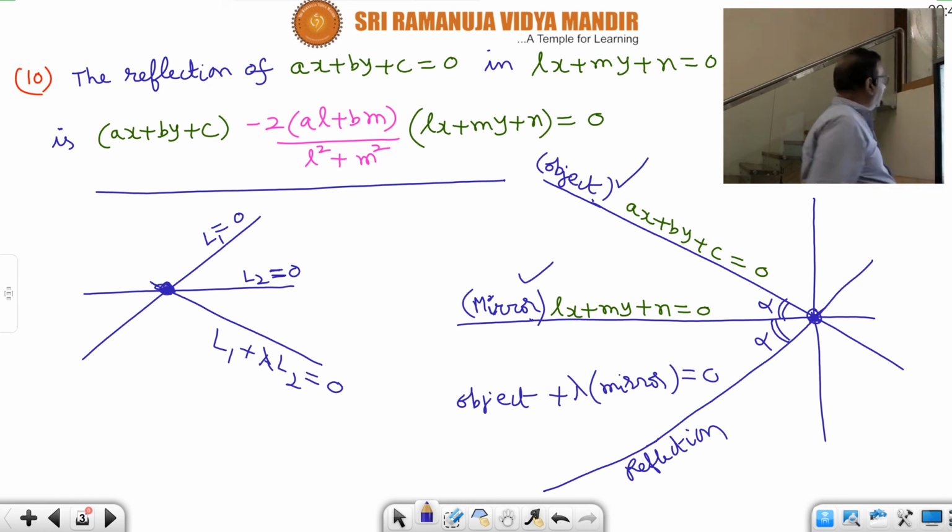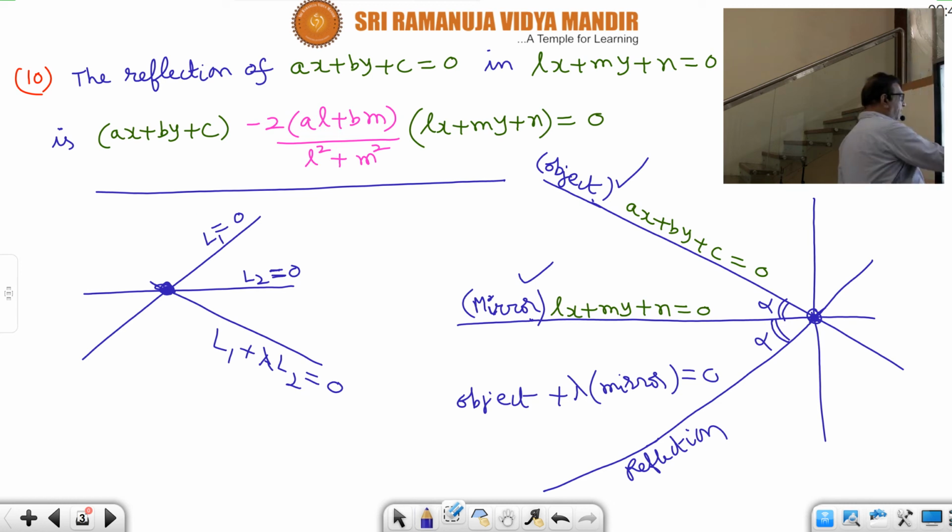Please all of you see. The 10th formula: the reflection of the object line in the mirror line is object line plus lambda into mirror line is equal to 0, where lambda is minus 2 into al plus bm by l square plus m square. Understood?